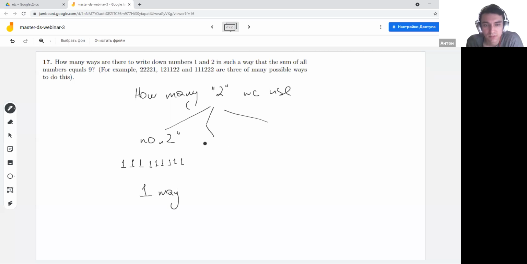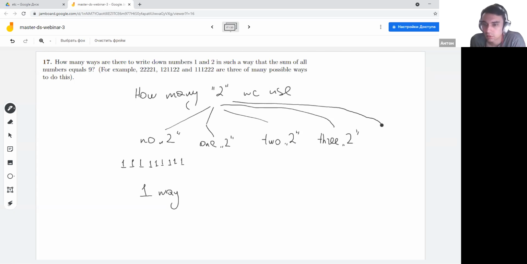The other possibility is to use one 2, or two 2s, and also three 2s, and four 2s.